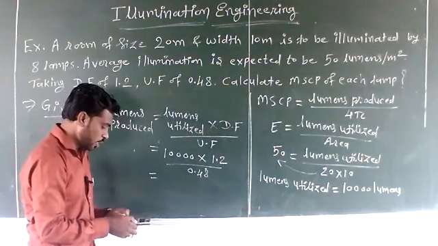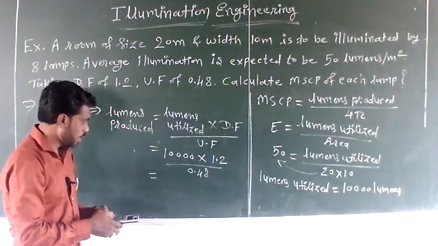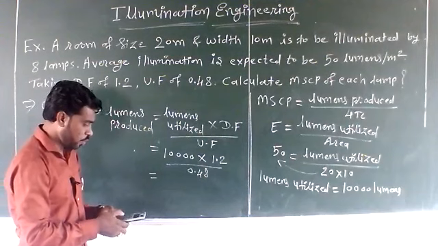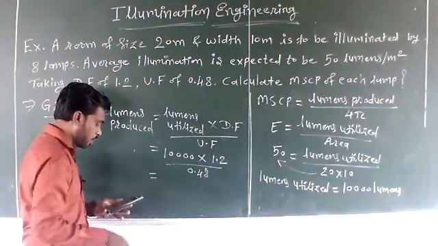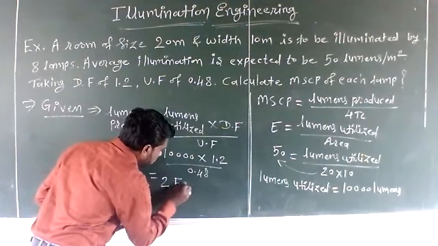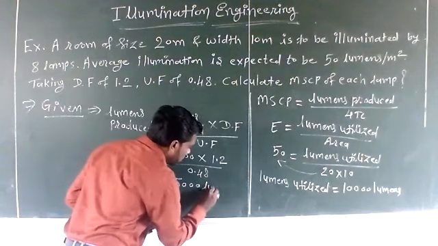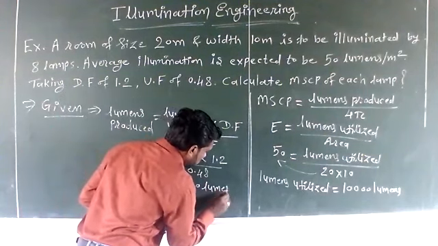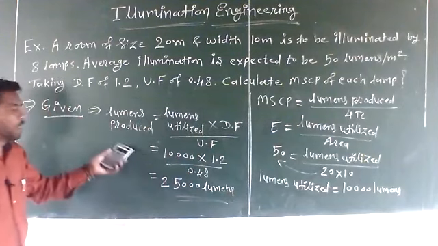So when we solve this, 10,000 into 1.2 divided by 0.48, we get 25,000. We get the value 25,000, and unit of lumen produced is lumens. So here is the answer of lumen produced.